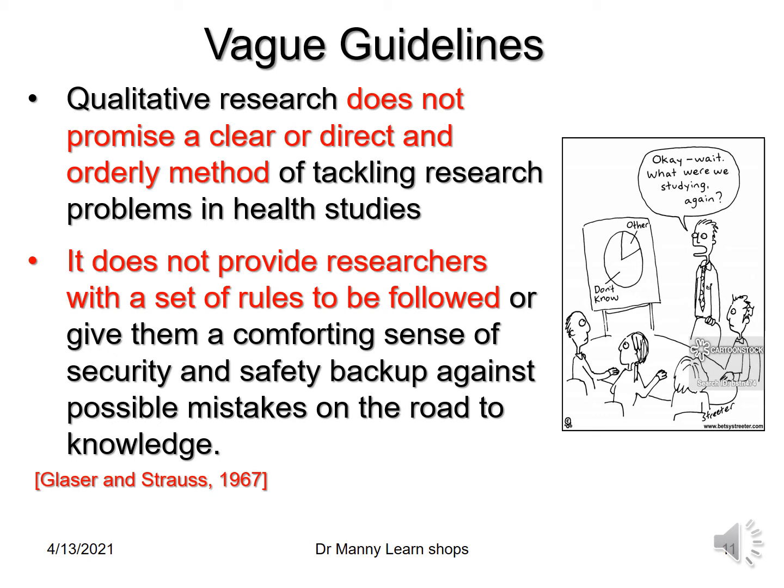It doesn't provide researchers with a set of rules to be followed or give them a comforting sense of security and safety backup against possible mistakes on the road to knowledge. A quote from Glaser and Strauss, who are grounded theorists.